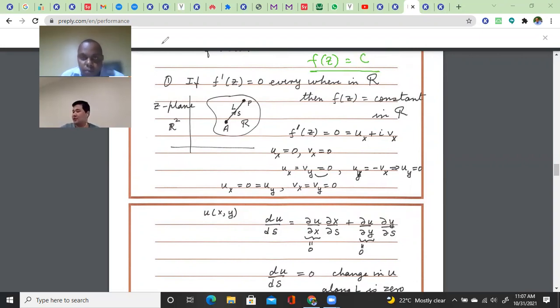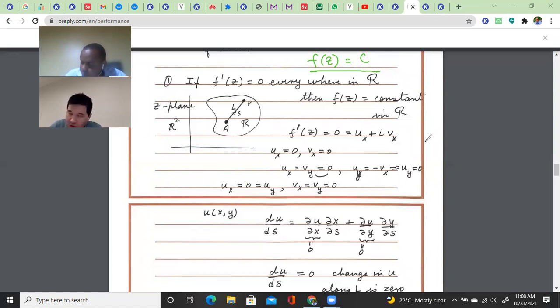Let me make a note about this. If the derivative f'(z) equals 0 everywhere in R, then f(z) will be constant in R. Okay, got it.